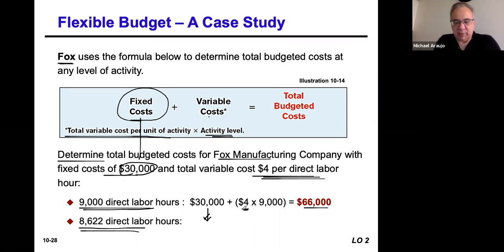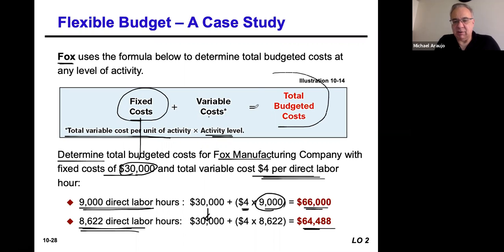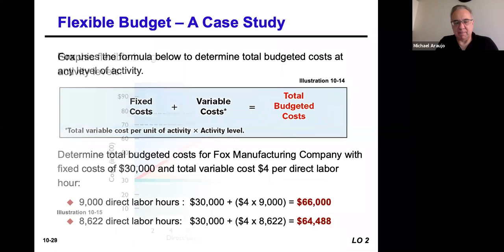The $4 per hour is not going to change. What's going to change are the hours. Instead of 9,000 hours, we're going to use 8,622. And so our costs would now be 64,488. That's our budgeted costs for that level of labor.